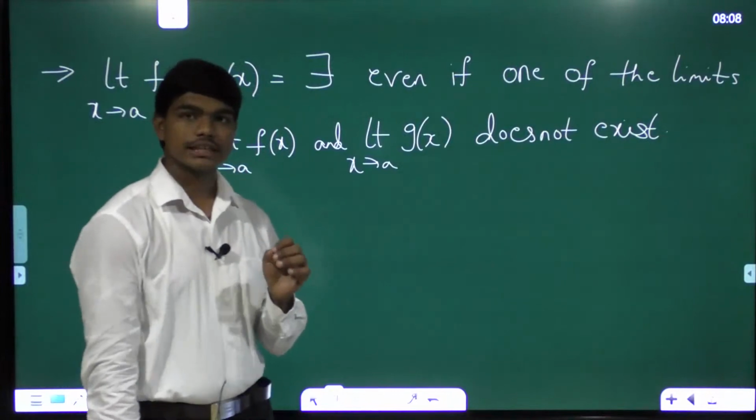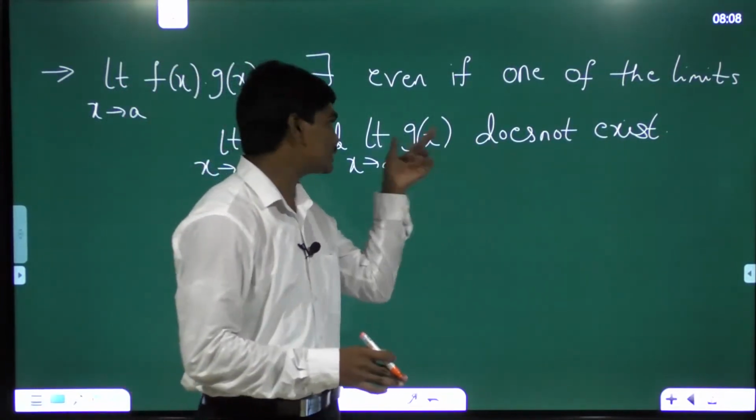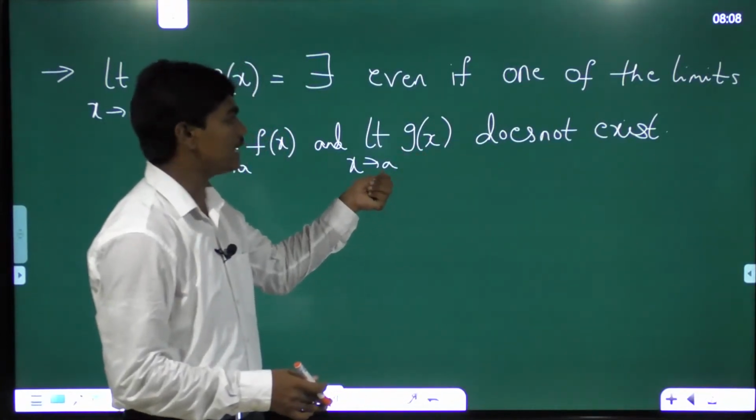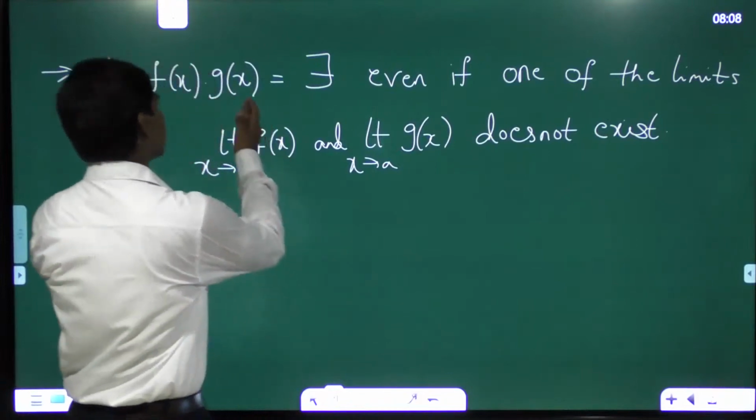Means, let us suppose there is a multiplication of two limits. Let us suppose g of x is such a function that at a particular point A, limit x tends to A, g of x does not exist. Then there can be a chance where this limit will still exist.